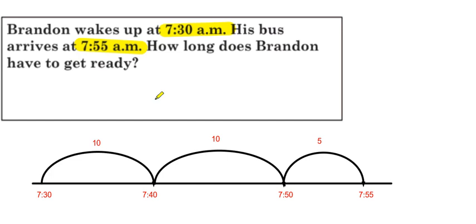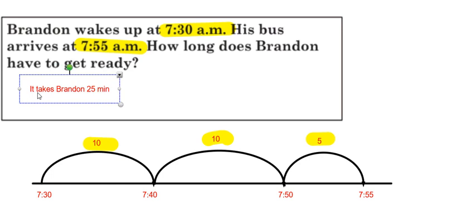Easy. 10 plus 10, 20, and 5 more, 25. So how long does it take Brandon to get ready? So you can write a sentence. It takes Brandon 25 minutes to get ready. Okay?